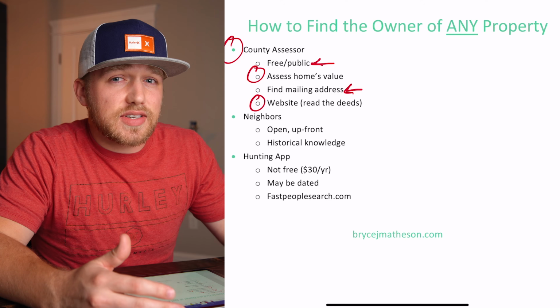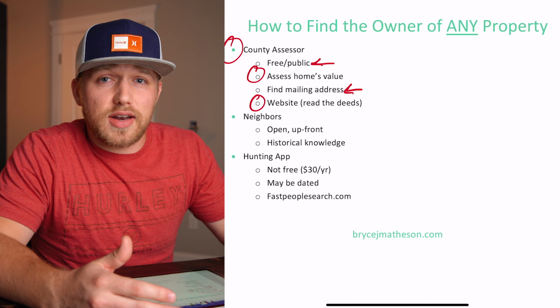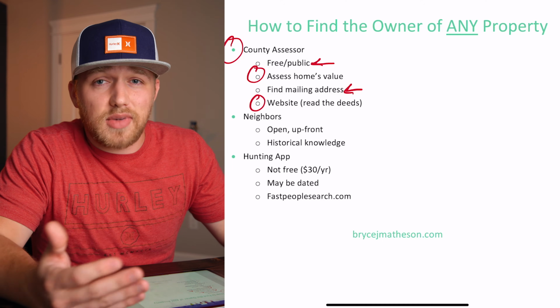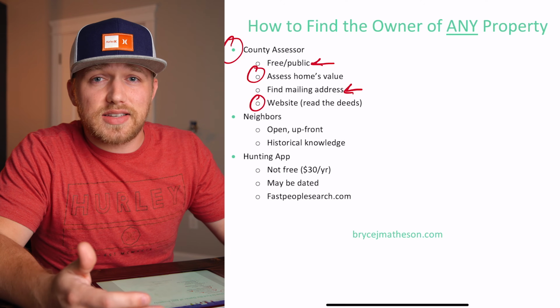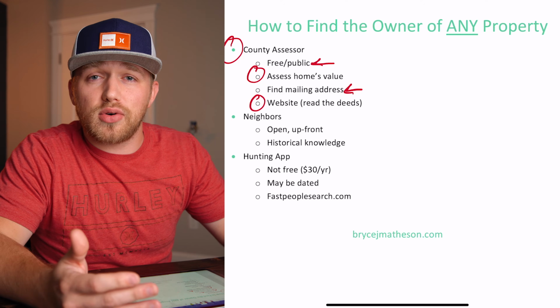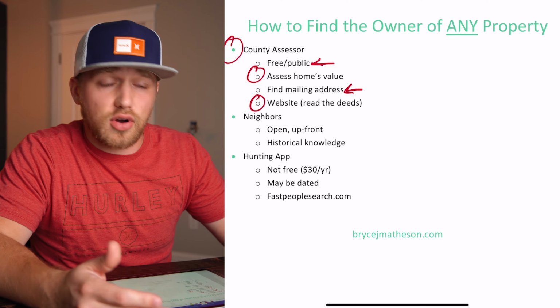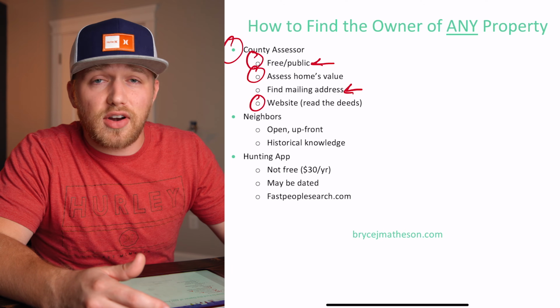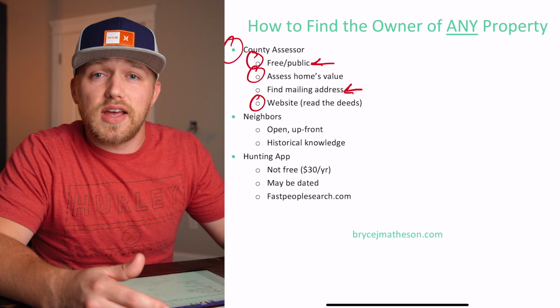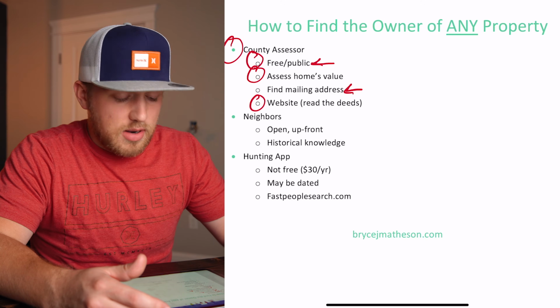Some counties have this ability to search stuff on the website. My county, for example, where I live, they're a little bit outdated, behind the times. They don't have a public portal where you can do that, and so you do have to call them. But all this information, again, is free to the public. It's usually very up to date, and you can call them and find the name of whoever owns that property.